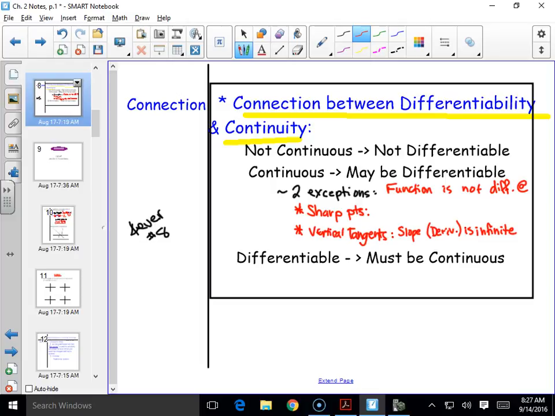Long story short, remember, the derivative is defined as a limit. I'm going to say the one-sided derivatives do not agree.